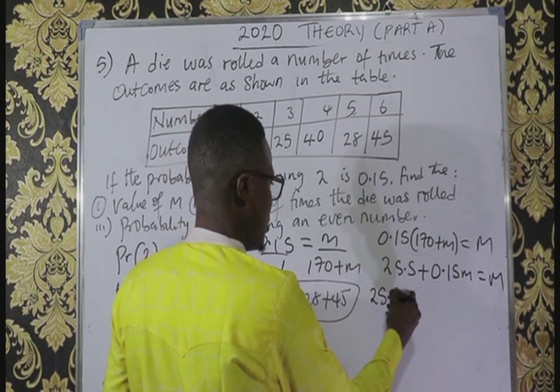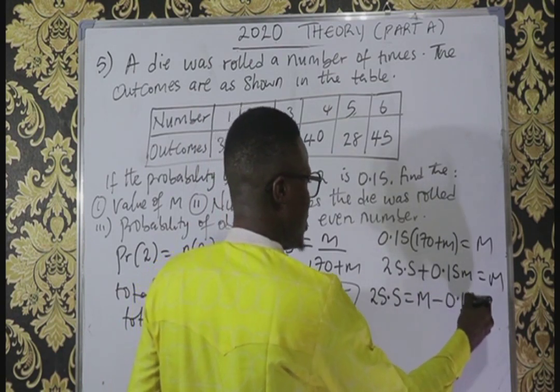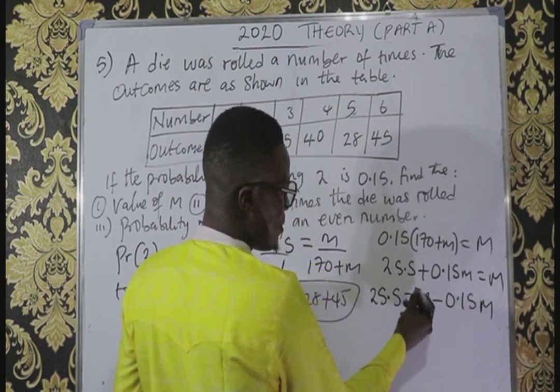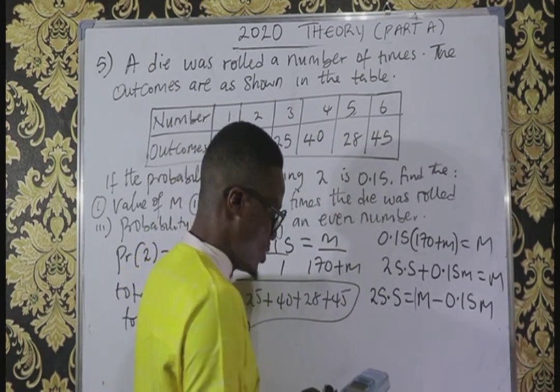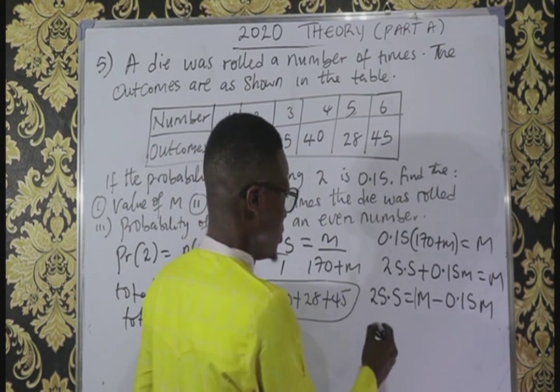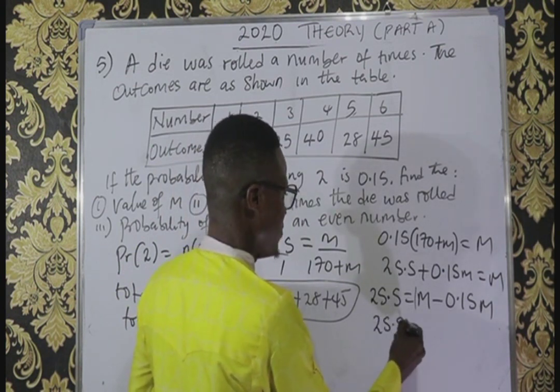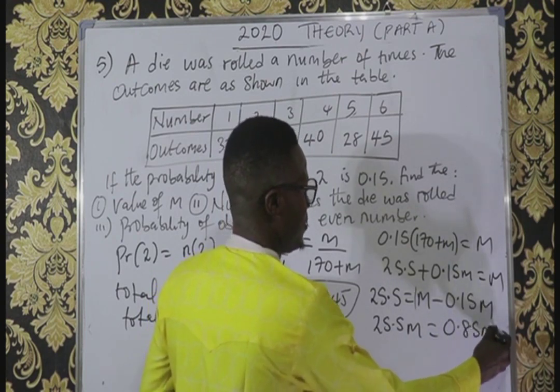So 25.5 equals m minus 0.15 m. See this m as 1m, we don't normally write it. So to subtract this, you can call it 1 minus 0.15. So we have 25.5 equals 0.85 m.